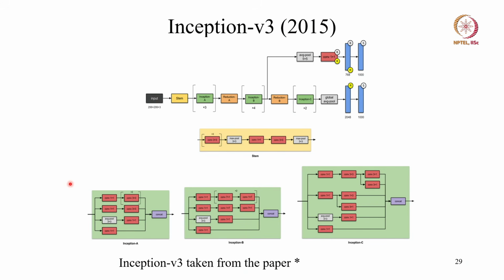Then you have the inception version 3, where you have 3 different inception blocks. You're not using only one type of inception block, but 3 different types which are used over here, and you also have classification being carried out in another block over there, right?